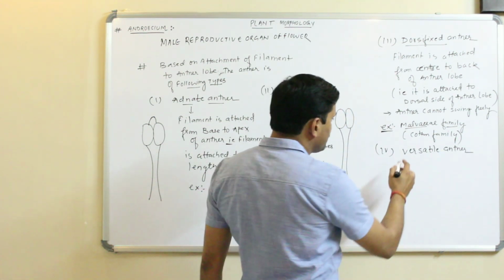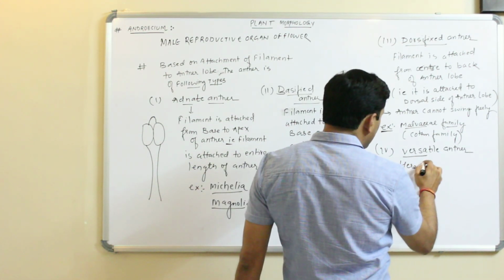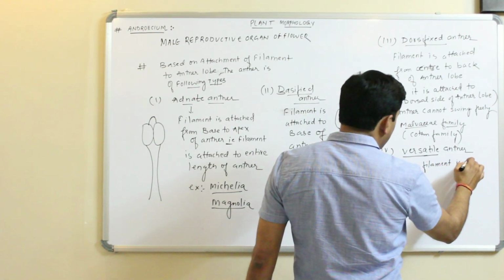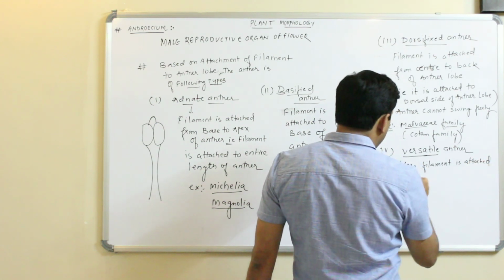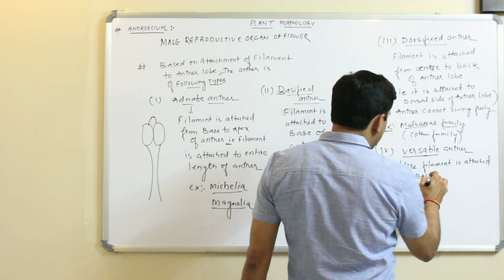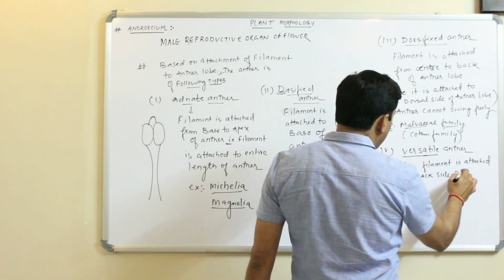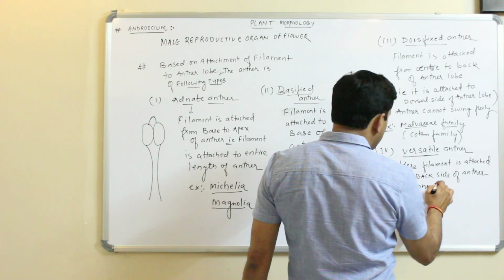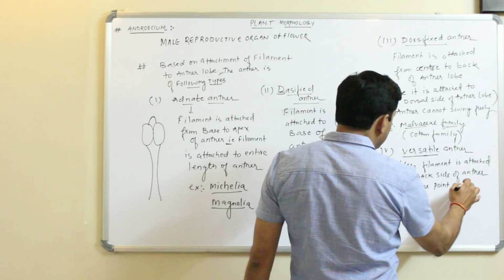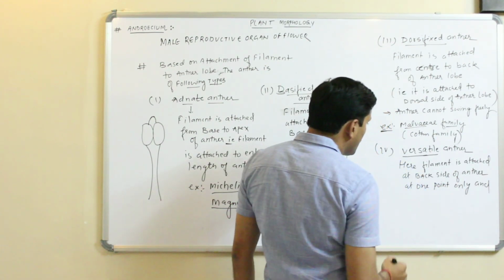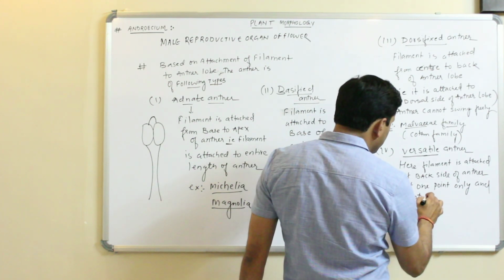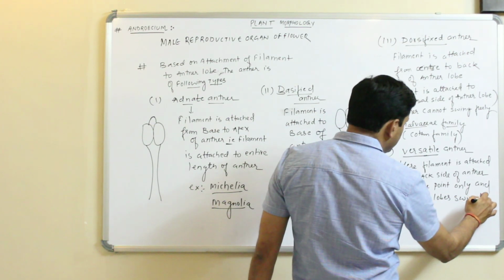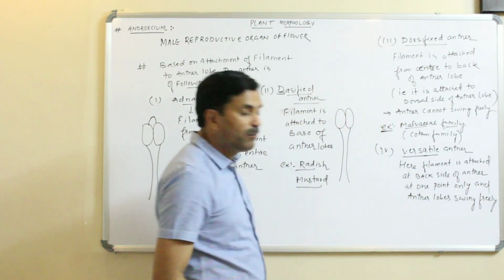Versatile anther means the filament is attached at the back side of the anther at one point only, and the anther lobes swing freely. This is the most important one.